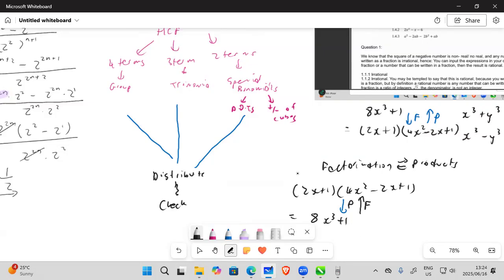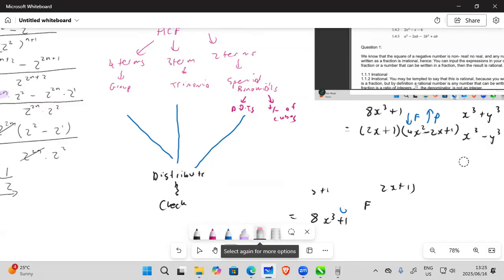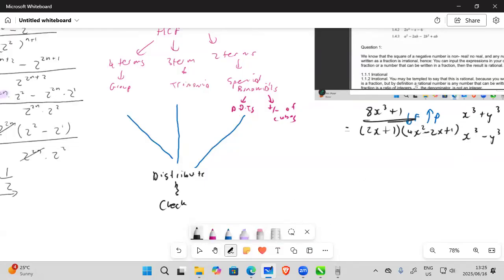Can you see that? The inverses. So that's what I mean by distribute for factorization: the way we can verify our answer is through distribution, which is a rule for products. If you do that, you would obviously get this answer. I'm not going to do it, but you will get that answer there. So that's the distribution step.